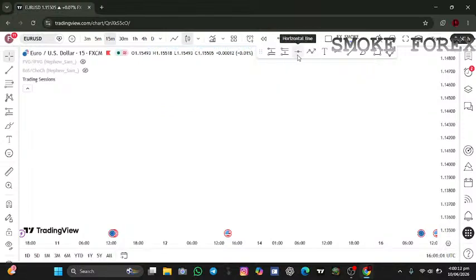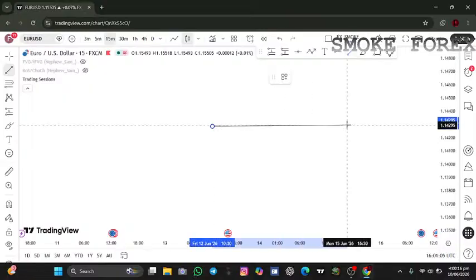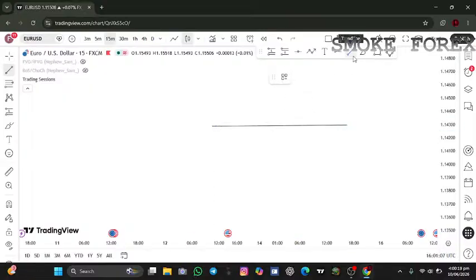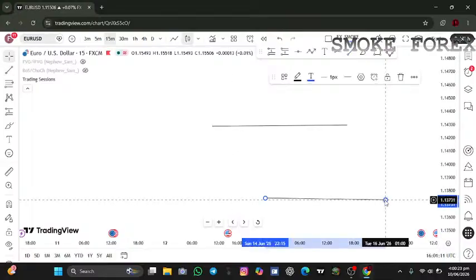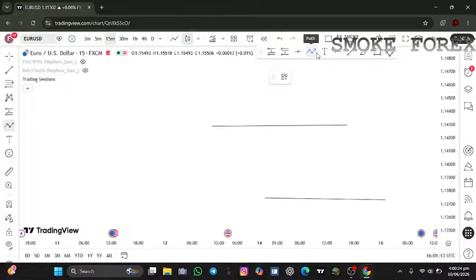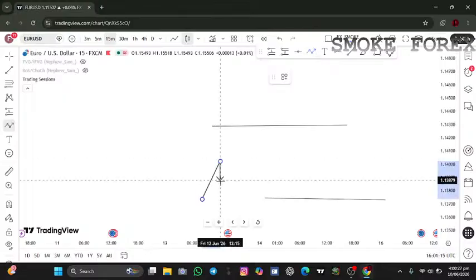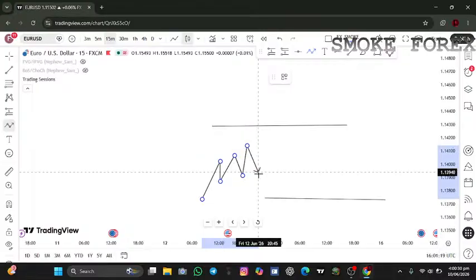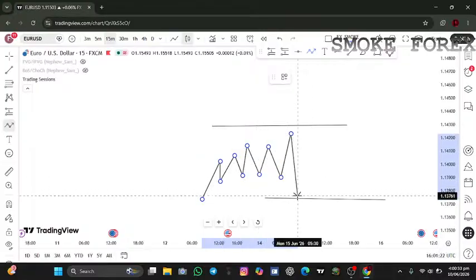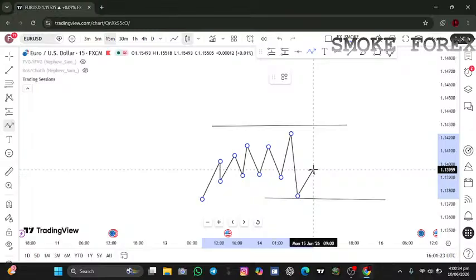So let's say this is my Asian session high, this is my Asian session low, and the market was just consolidating within 12 a.m. to 5 a.m., doing market structure here and there.